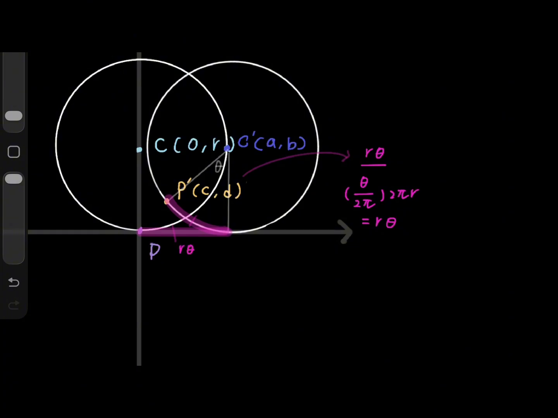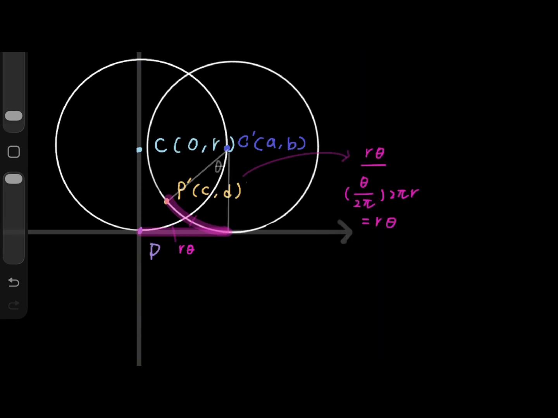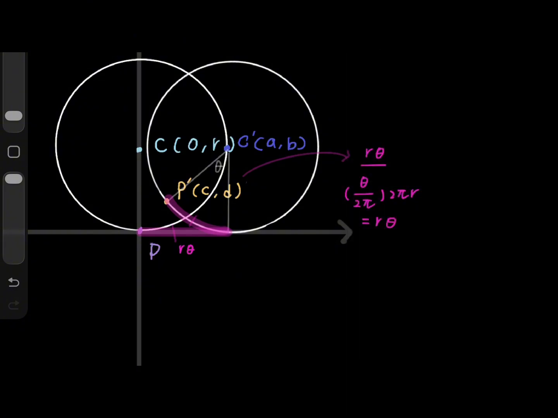I wanted to assign a new name, but maybe not. I don't want to have too many variables and confuse people. So now just remember this color. Each one of them has a different color, so it's easy to see in the picture. So you will understand. Okay, so now, as you can see here, our r theta needs to minus this distance.